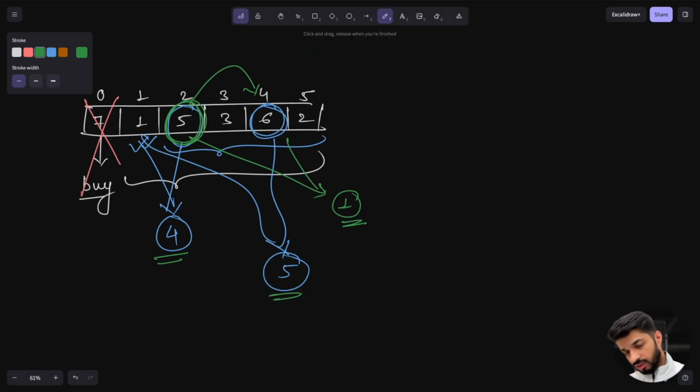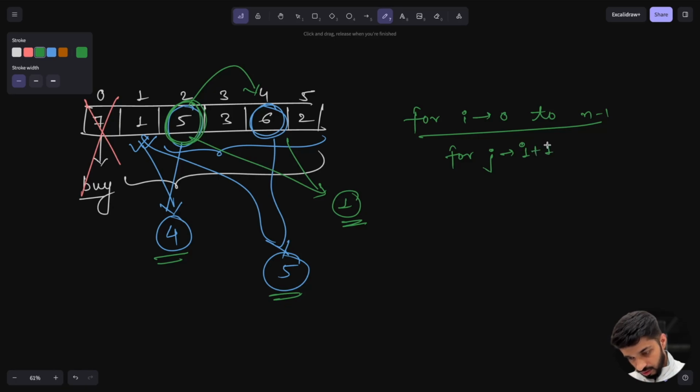Now what we thought right now is that we iterate for i equal to 0 to n minus 1, till that point we'll be buying, and when we'll be selling, for j, i plus 1 to n.